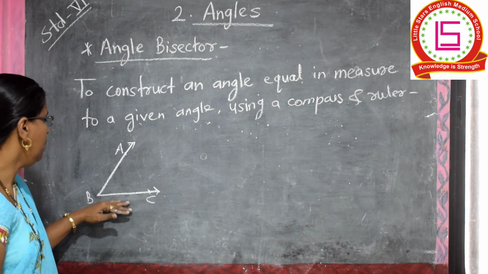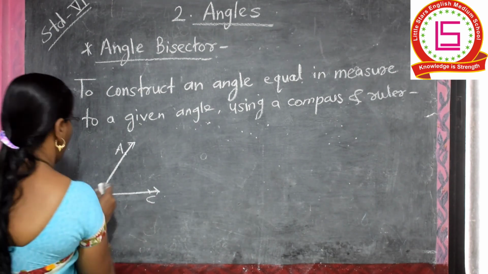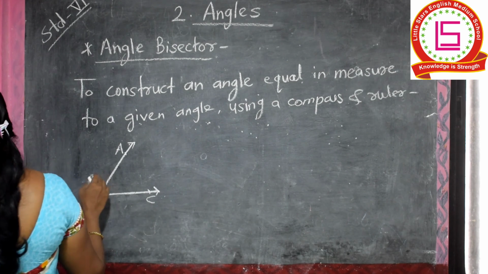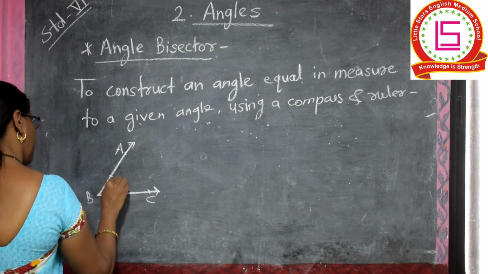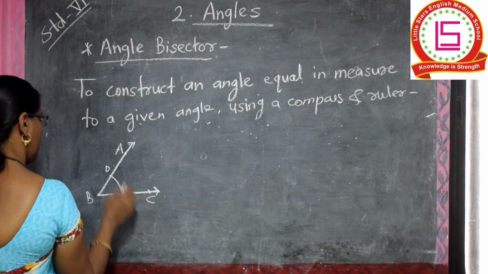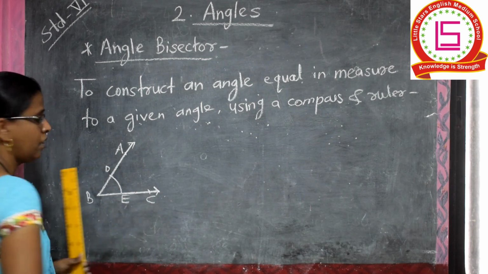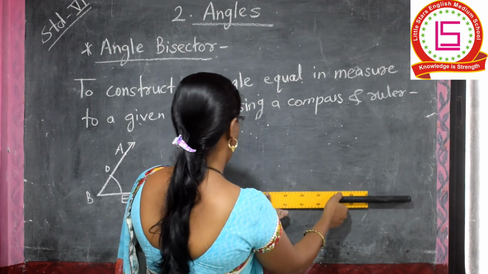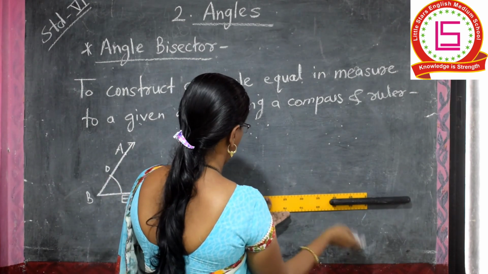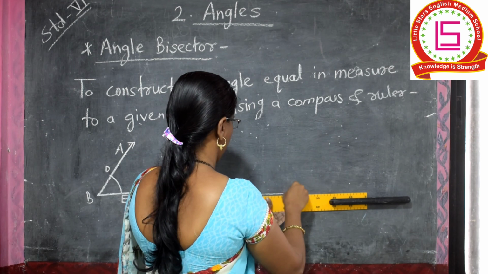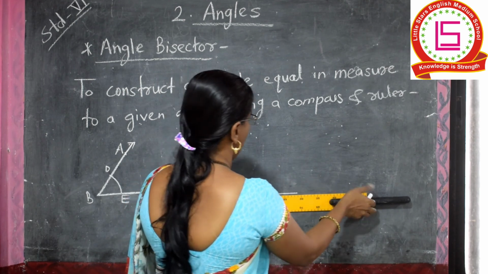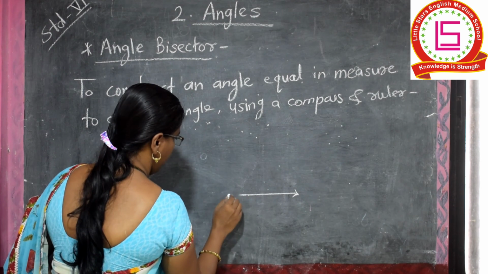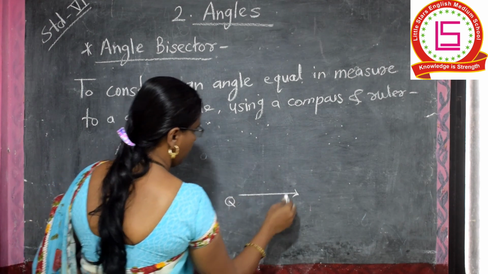First, we draw the arm BC first. First, we draw an arm like BC, and give it another name. Okay, I have given here the name QR.